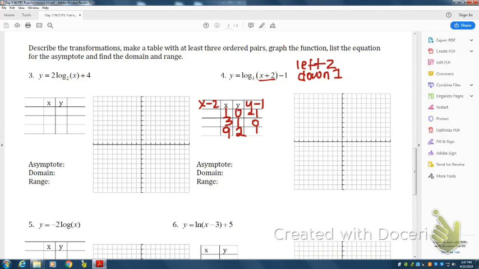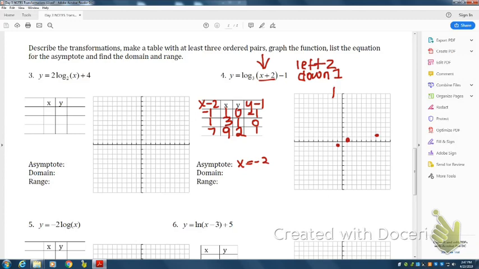So this would be negative 1, 0, 1. And this would be, what's 1 minus 2? Negative 1, 1, and 7? Is that right? Yes. Okay, so then you plot those 3 points: (-1, -1), (1, 0), and (7, 1). And your vertical asymptote is right there, x equals negative 2.